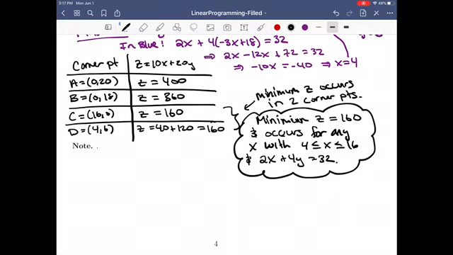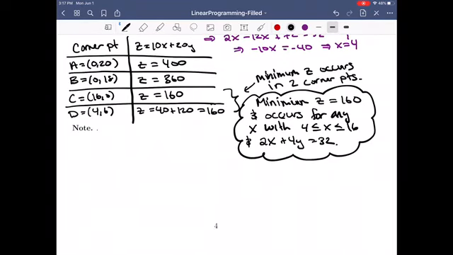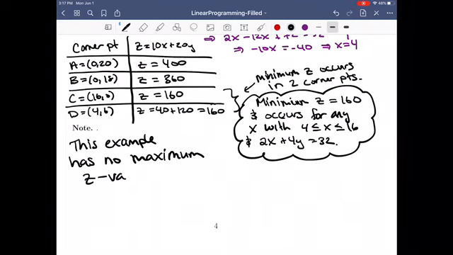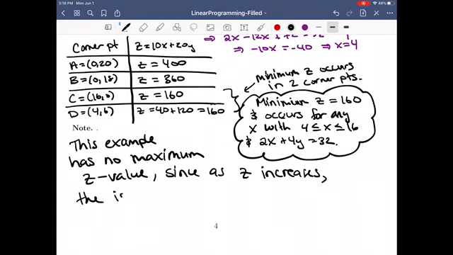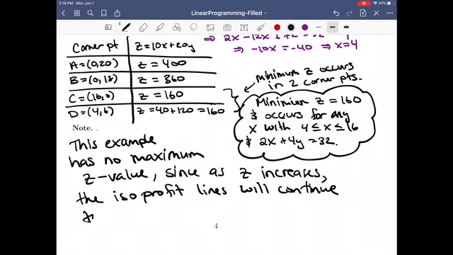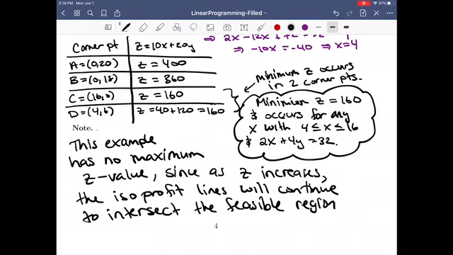Now my note here is just to say this example has no maximum z value, since as z increases, the isoprofit lines will continue to intersect the feasible region, or the feasible set.